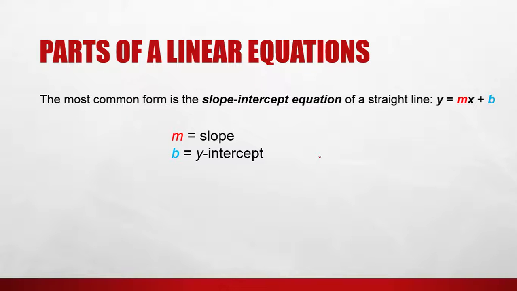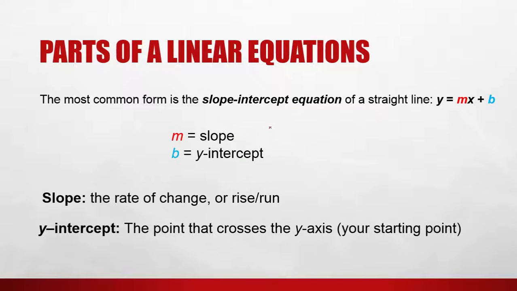We use that because you have a point and you have a slope. It's easier to plot that way. So m represents your slope, b represents your y-intercept, hence the name slope-intercept form. Slope is the rate of change, or rise over run. The y-intercept is the point that crosses the y-axis, and for this class, it's basically our starting point.